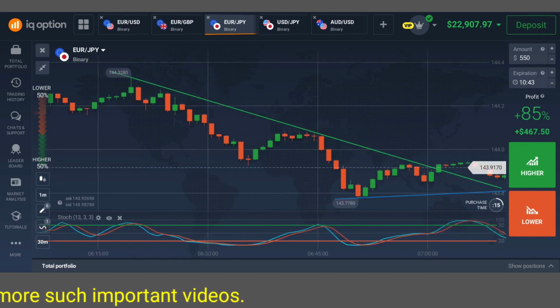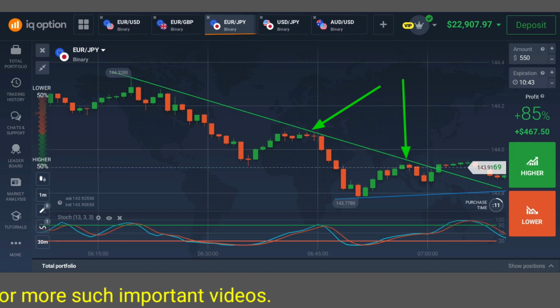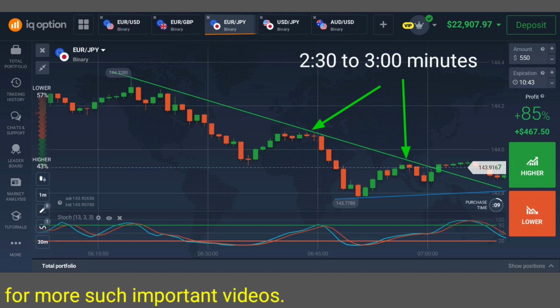On this downtrend line also you could get trades at two places, and here a good time frame would be considered 2:30 to 3 minutes.